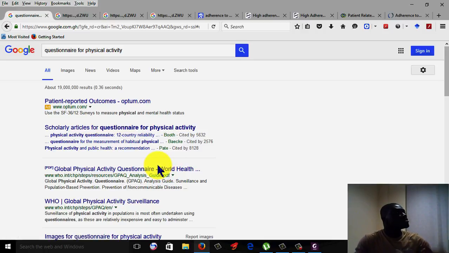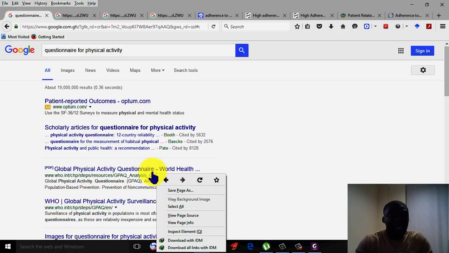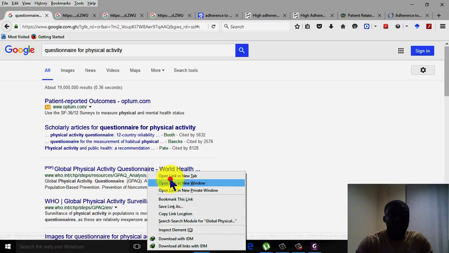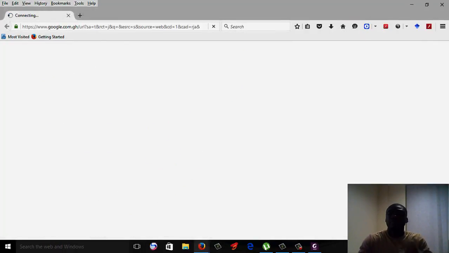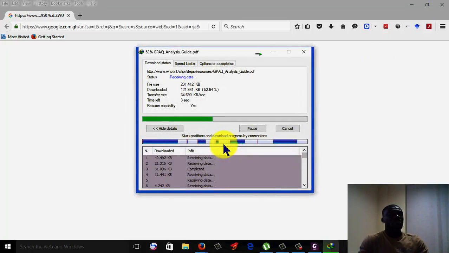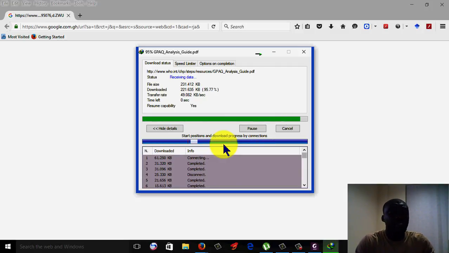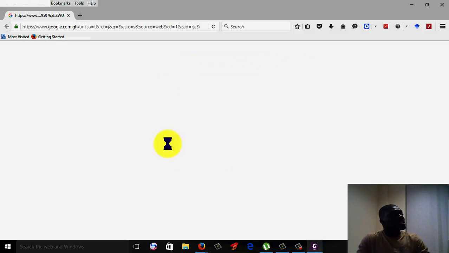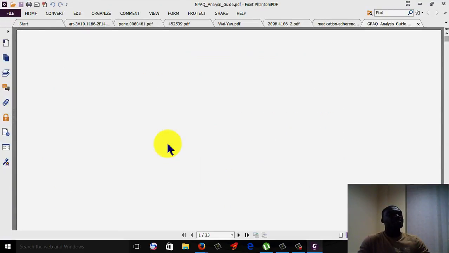So see this one, WHO's Global Activity Questionnaire. Look at what this one does. Good. This is why it is not good to just sit by your desk and do things without actually searching through the literature to see whether there is something there. So this one is GPAQ, the Global Physical Activity Questionnaire.